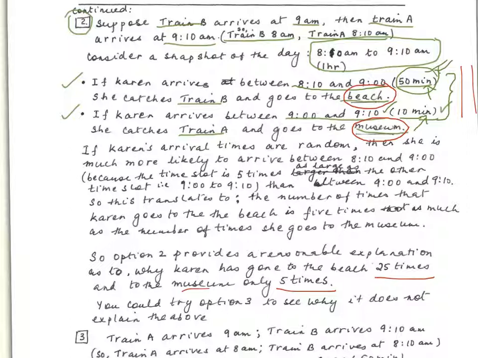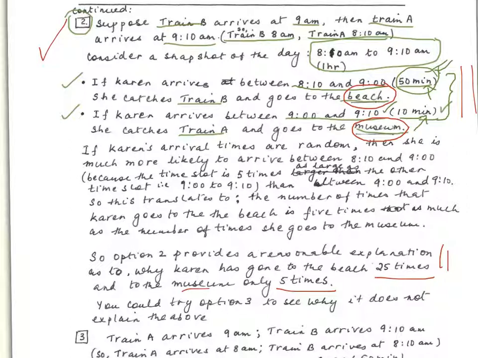So it looks like option 2 provides the explanation as to why she's going 25 times to the beach versus 5 times to the museum. So option 2 gives us the correct explanation.